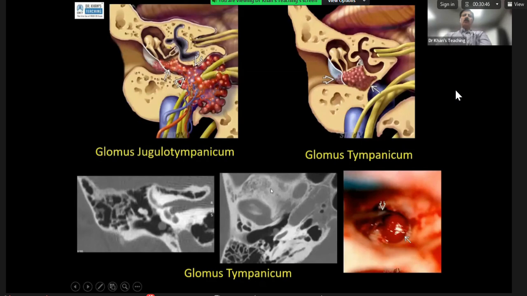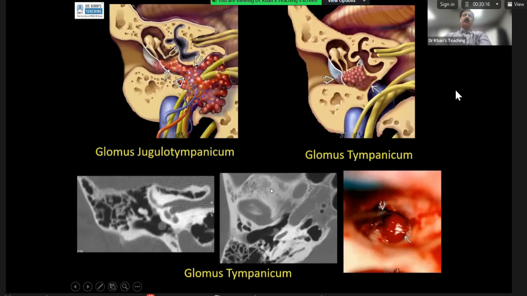Just like I was giving you the example of cholesteatoma versus epidermoid: in the intracranial cavity or the calvarium, we call it epidermoid, and in the temporal bone, we call it cholesteatoma. Similarly, in head and neck, we call it a glomus tumor, and in the adrenal, we call it a pheochromocytoma. Histologically speaking, it's similar. Now, anatomy or the location changes.